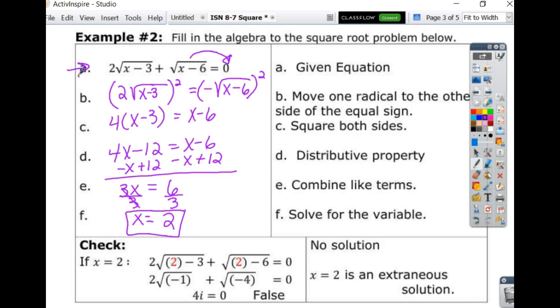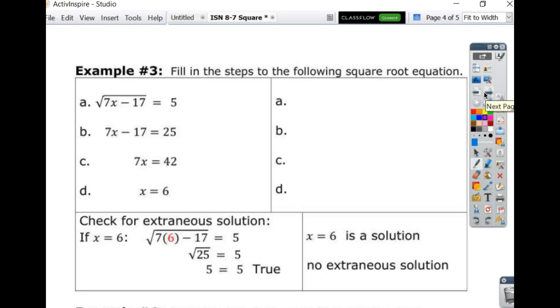Let's do another one. So these are the easiest of all because is there a second square root? No. So what do I have to do? I'm given this equation. I have to square both sides.